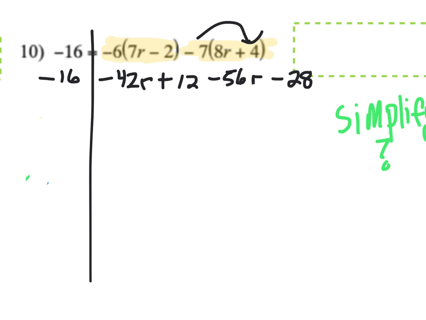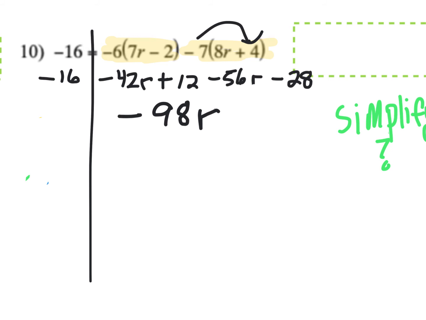So we've got this and that we can put together because they're both r's. So if I combine that, that gets me a negative 98 and an r. Then I can also combine a positive 12 and that negative 28.